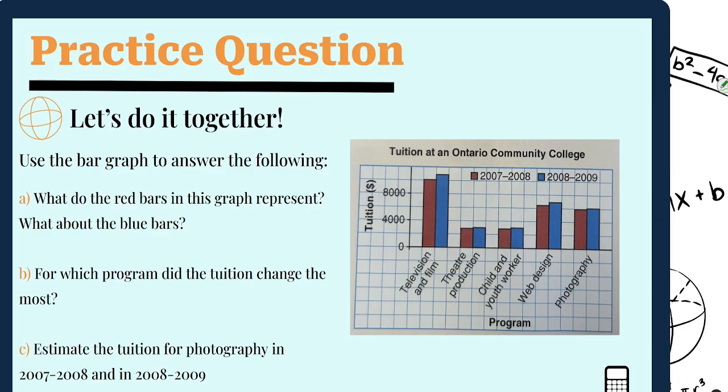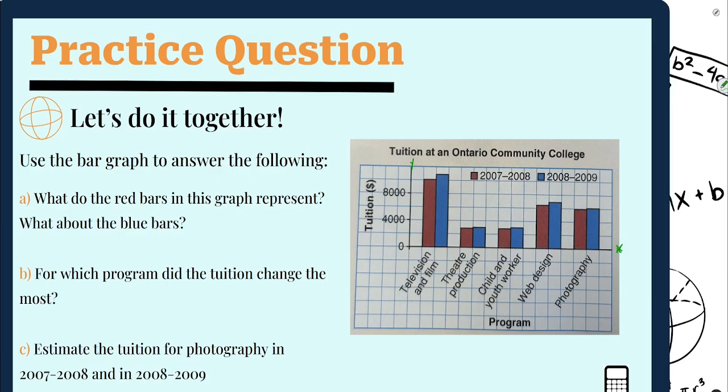On our x-axis, that's the one that runs horizontal, we have the programs. Our tuition ranges from $0, that's the lowest point, and then it goes up by increments of 4,000, 4,000, 8,000, it would go up to 12,000.